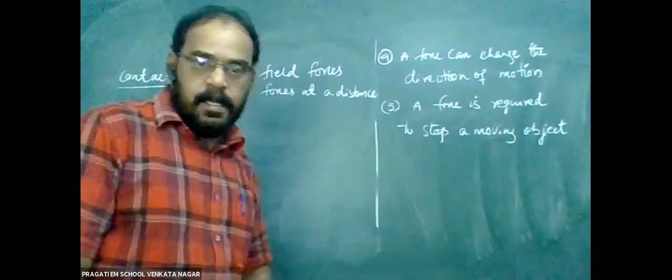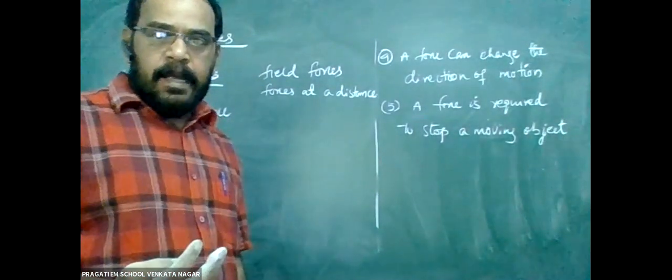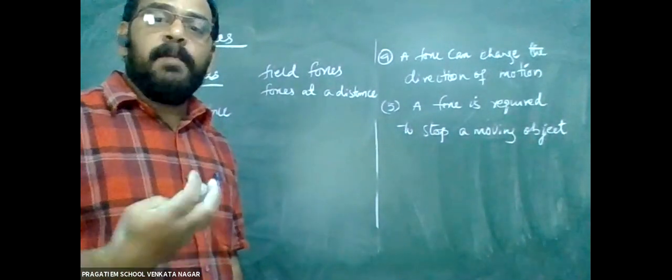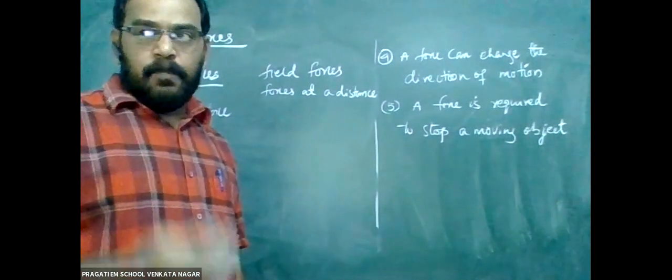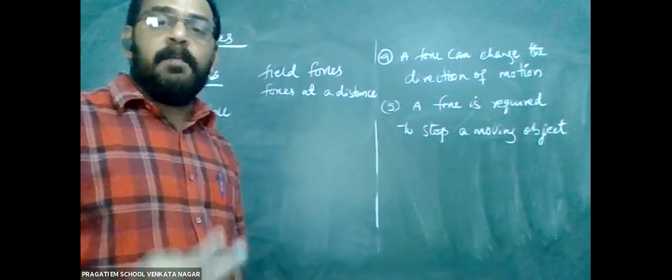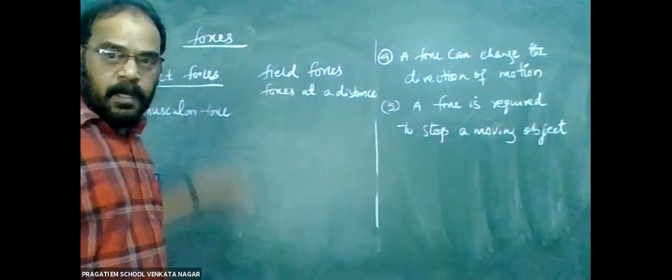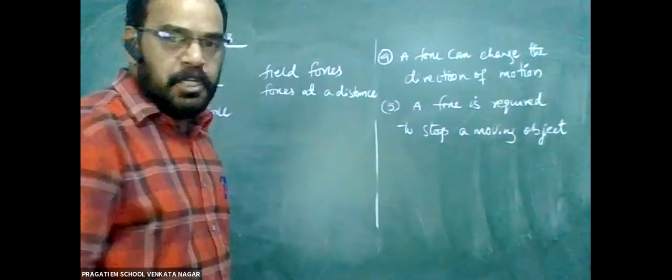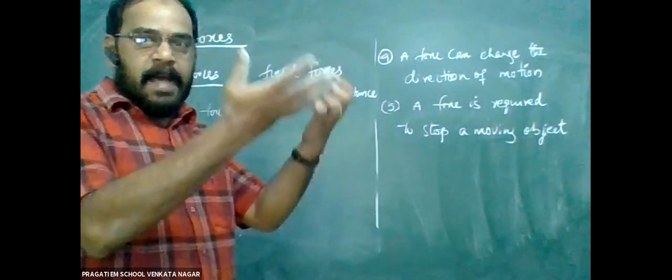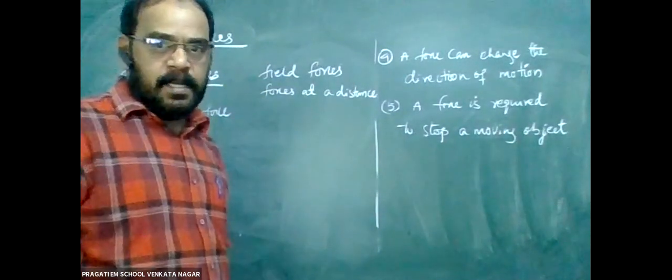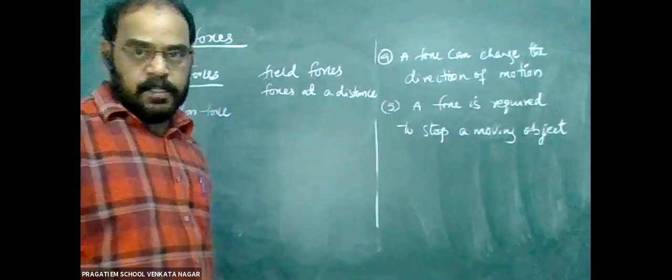Muscular force is the force exerted by body muscles. So body muscles means there is a contact force, but directly you have to push it or pull it or carry it or apply some force. That is called muscular force.